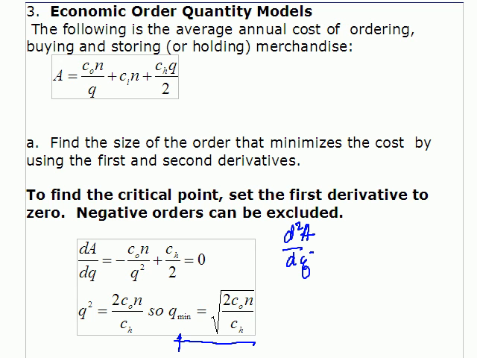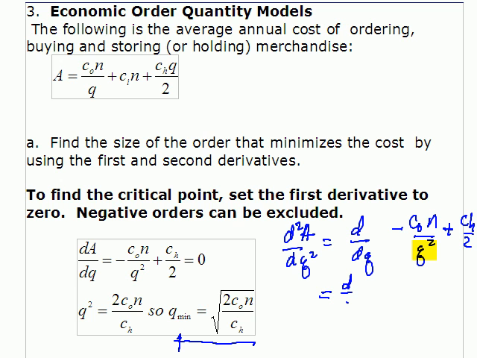If I'm taking the second derivative, it means I'm taking the derivative of negative C naught N over Q squared plus CH over 2. And we have the same issue. How many Q's are in this equation? There's only one, this one right down here. This last term is just a constant. Its derivative is going to be 0.